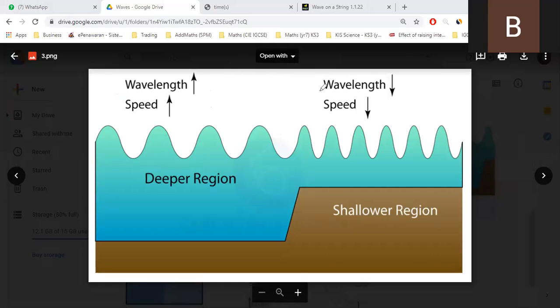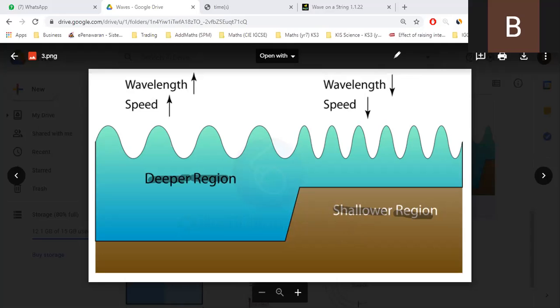For refraction of waves, it happens when the wave travels from a deeper region to a shallower region, or from a shallower region to a deeper region. So when there is a change in the depth, refraction will happen.